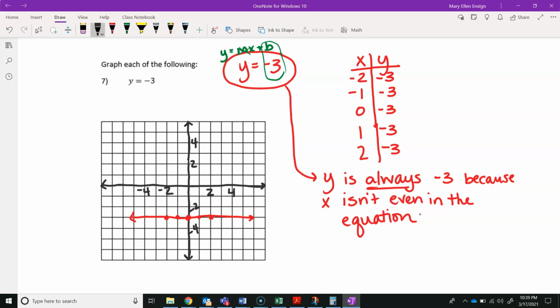So I don't have anywhere to even substitute that -2, that -1, that 0 in there. My equation just says y is -3, always, end of story, doesn't ever change. So I put -3 in for all my y's. When I graph each of these ordered pairs, I graph each of those and I get this red line. It's a straight line, it's a horizontal line at y equals -3.